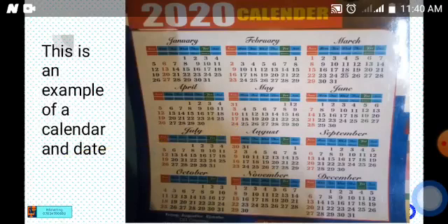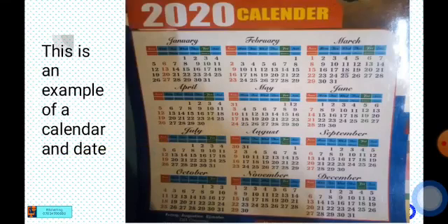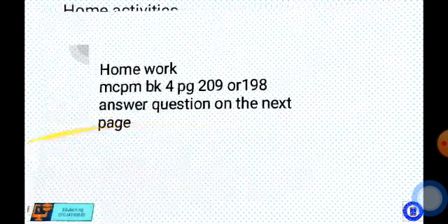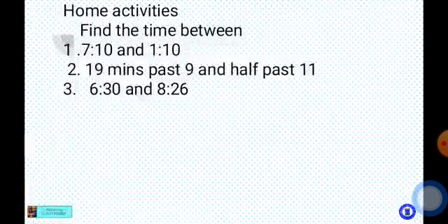So this is how to use a calendar to read time. From this calendar you will learn a lot. Use the calendar in your textbook on page 209 or page 198. Study it very well and answer the questions on the next page.